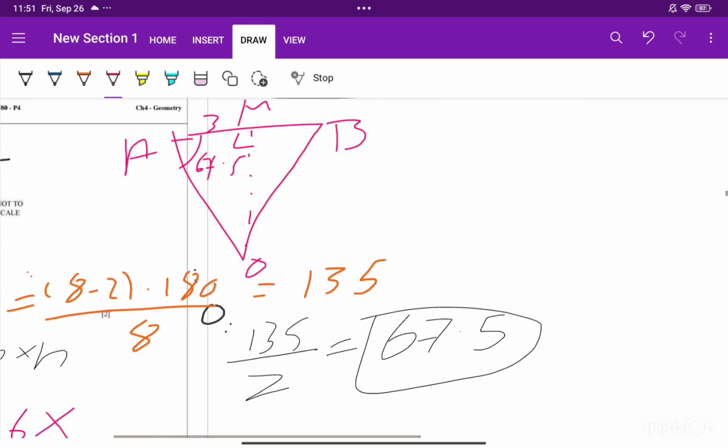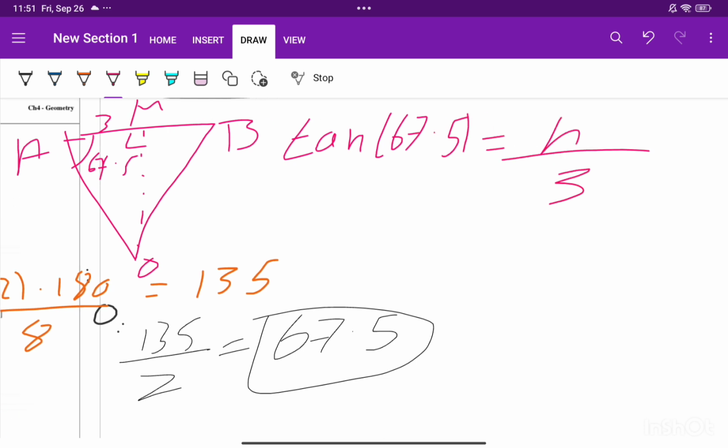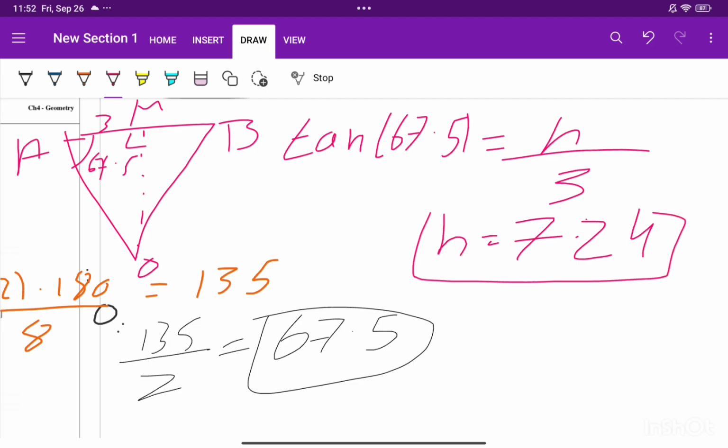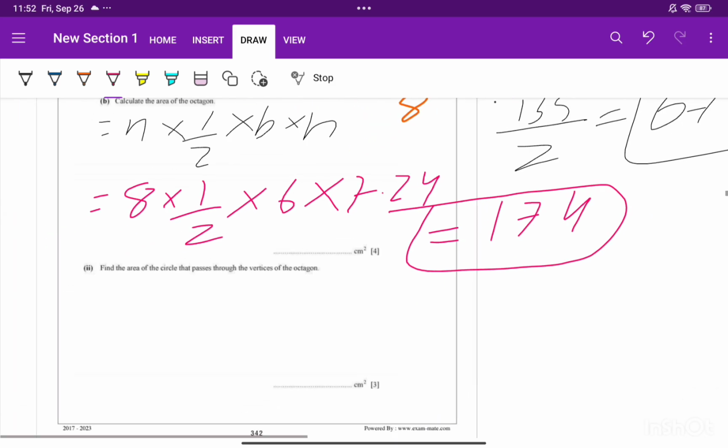So we can use tan 67.5 is equal to height divided by 3. So height will be 7.24. So this will give us answer 174.